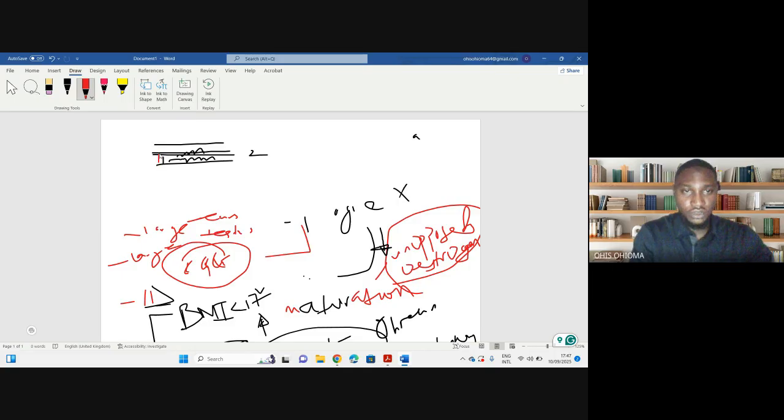So the cell gets to the basement membrane here, but it doesn't invade it. It doesn't pass through it. CIN1 is at the basal level. CIN2, it passes just a bit above the transformation zone, maybe getting to the, what do you call it now? It's within the connective tissue here before it gets to the basement membrane. And then CIN3, it gets to the basement membrane, but it doesn't pass through it.